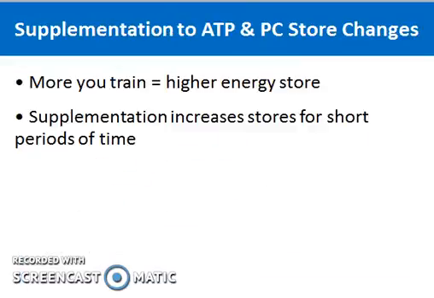So supplementation to ATP and PC stores. The more athletes train, the higher their ATP and PC stores will become, allowing them to produce energy safely for a longer period of time without the effect of LA. So PC stores will allow an increase in force generation.